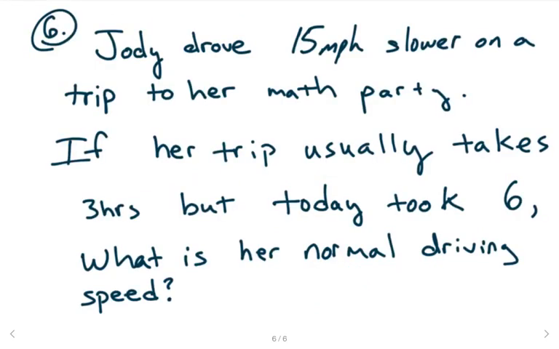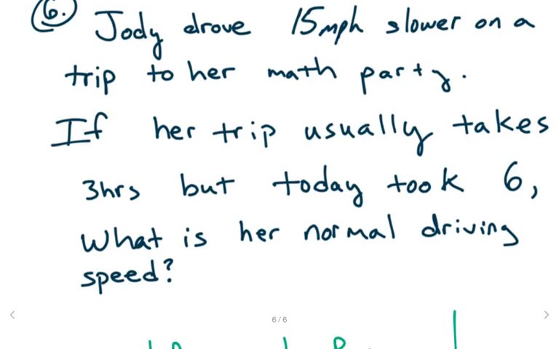So this was the question that we were looking at last time, so take a look at it. If you haven't already, try to solve it, pause the video, and in a sec we will discuss it together. Okay, so hopefully you had a go at it. This one's a little tricky. Jody drove 15 miles per hour slower on a trip to her math party.